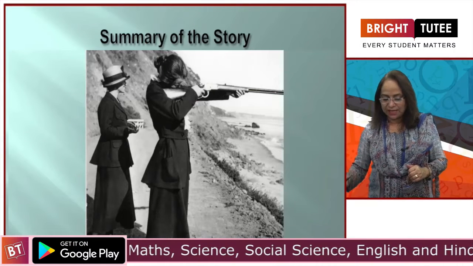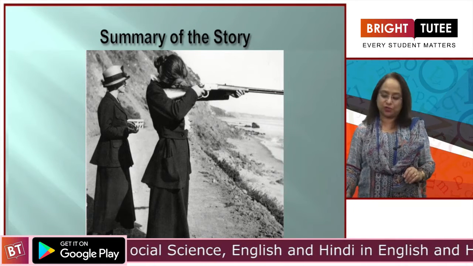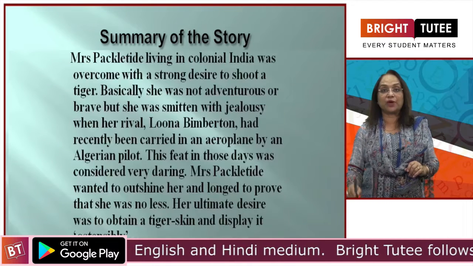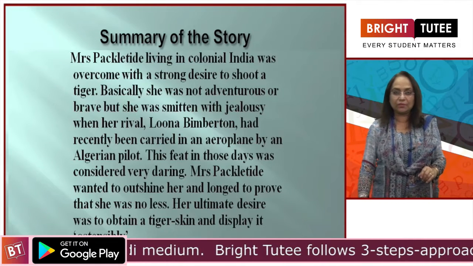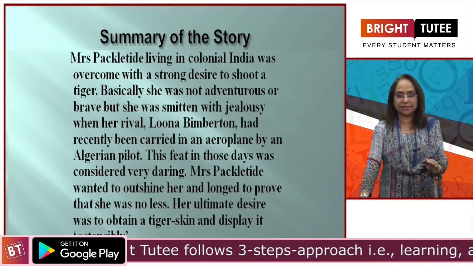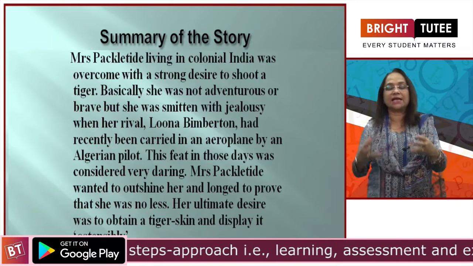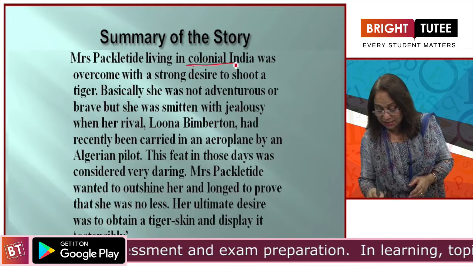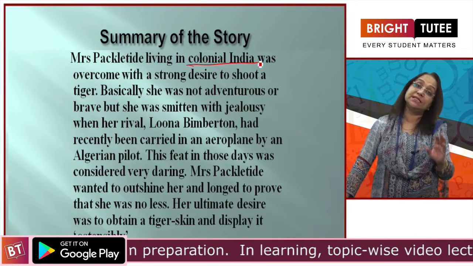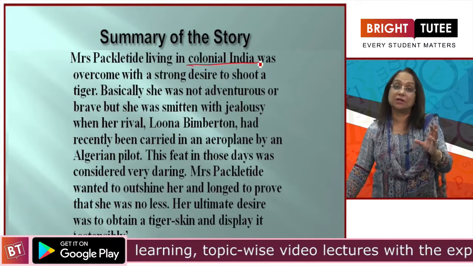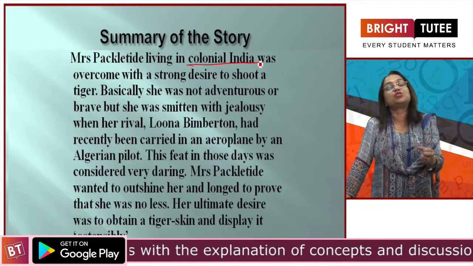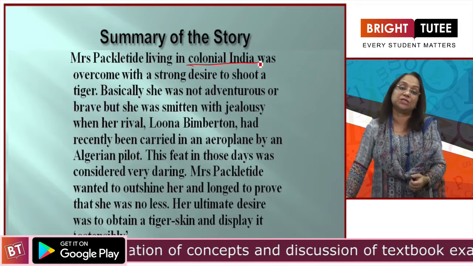Okay, now let's talk about the summary of the story. In short, what is the author trying to tell us? Mrs. Packletide is portrayed as living in colonial India, and we've already discussed what is colonial India. It is India at that time, and it was a colony of the British. Now, she was overcome with this strong desire to shoot a tiger.